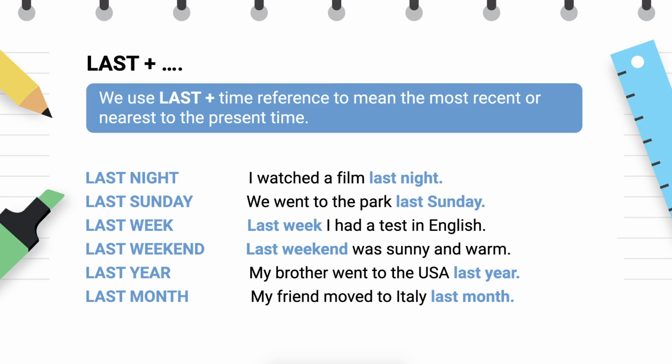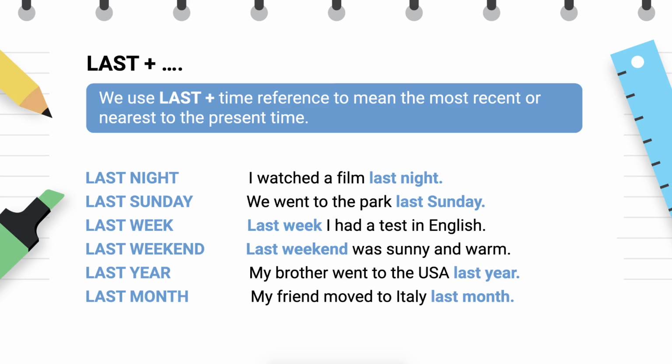Last weekend is the weekend that we had, the closest one. Or last year is the previous year, not this one, but the previous. The same with last month, not this month, but last month, the previous one.